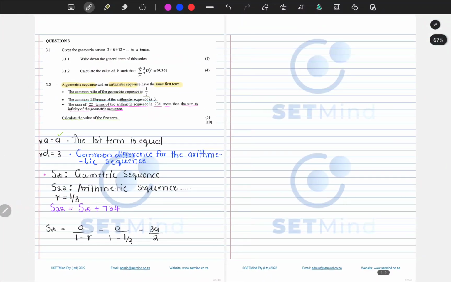And then let's have a look at the sum of 22 terms. The sum of an arithmetic series is always given by n/2 times 2a plus (n minus 1) times d. So for the sum of 22 terms, we'll have 22/2 times (2a, the a we do not know, plus 22 minus 1 times the common difference, which we're given as 3).